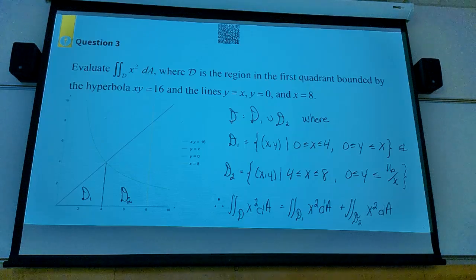This would be how we divide the integral, right? We have to split it over the 2 regions, integrate X squared over both of those regions, and add the results. Because we chose to go vertically simple, dA is dy dx.